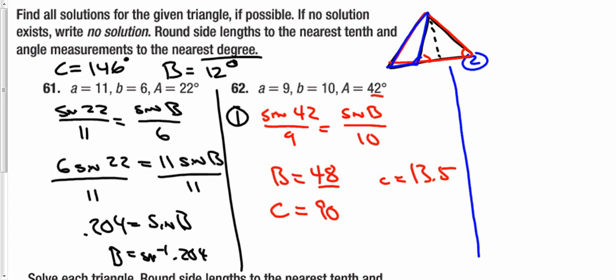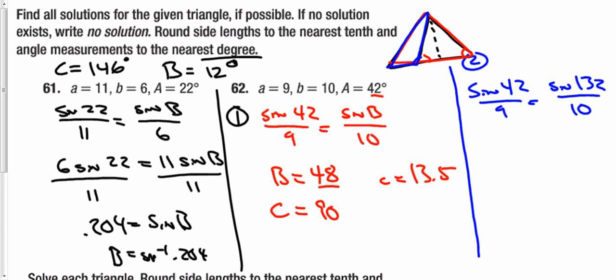So that means that my first ratio is the sine of 42 over 9 is equal to the sine of 132 over b. And that will give me the sine of 132 over 10. And we can check that if you want.